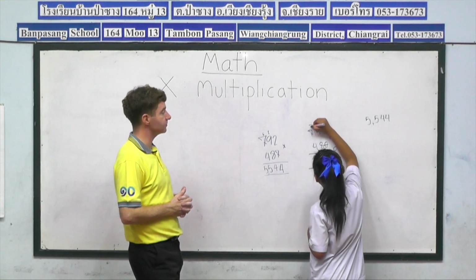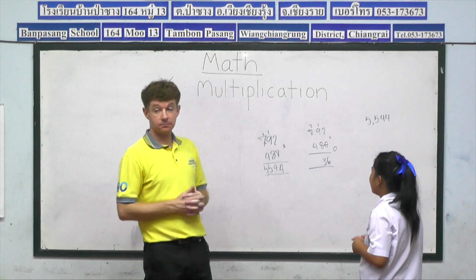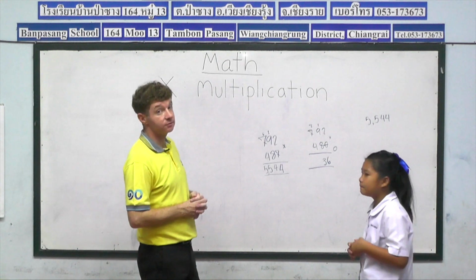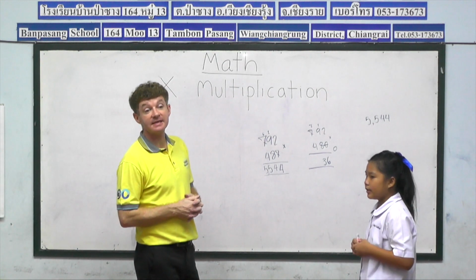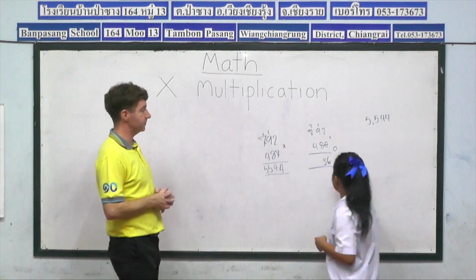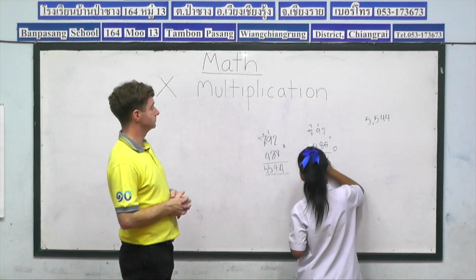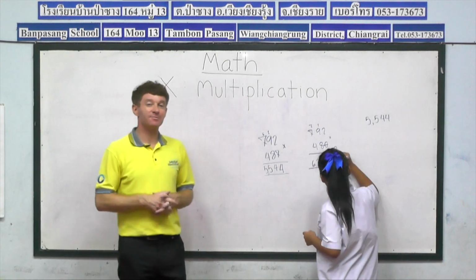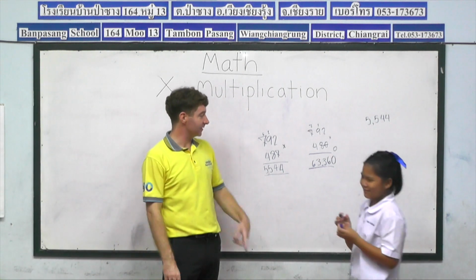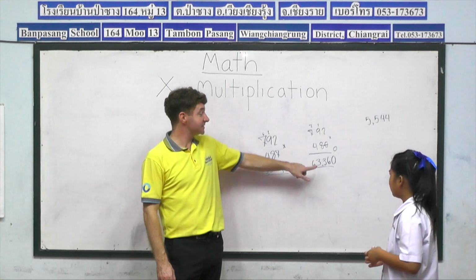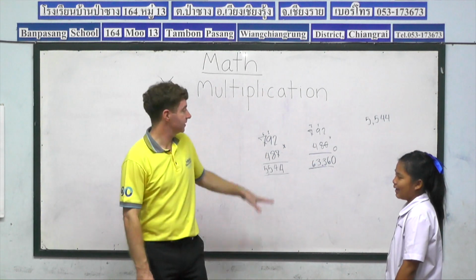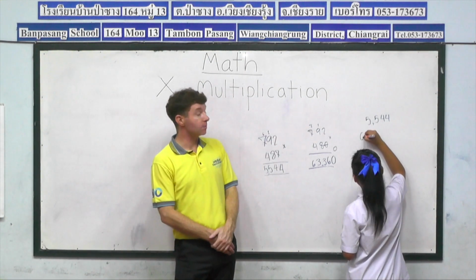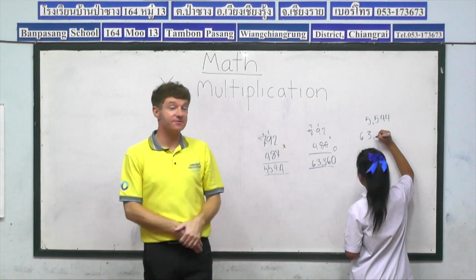So write the 3, carry the 7. 8 times 7. 56. So plus 7. 63. Comma not yet, because what do we do with the 0? Yes, we bring our 0 back into play. Excellent. So now we have our answer for the tens. 63,360. Answer number 2. Remembering about place value for when we come to add them together.